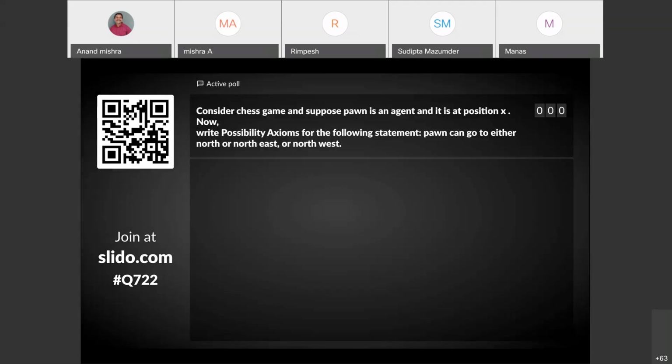So this is, consider a chess game. Suppose pawn is an agent, the smallest element in the chess, and it's at position X. Now, write possibility axioms for the following statement. The statement is pawn can go to either north, northeast, or northwest. How will you write?